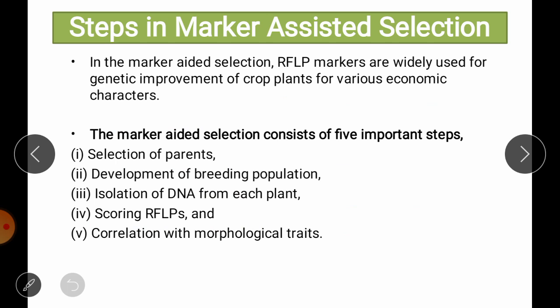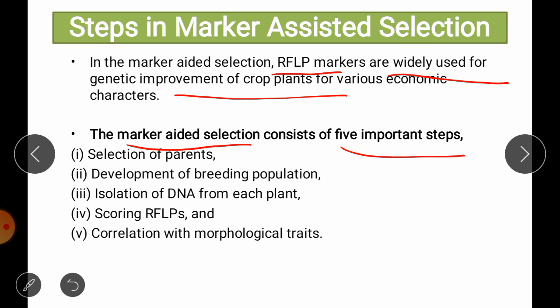So the next point is the steps in marker assisted selection, or the procedure of marker assisted selection. In marker assisted selection, generally RFLP, that is restriction fragment length polymorphism markers, are widely used for making genetic improvement in crop plants for various economic characters. Marker assisted selection is also called marker aided selection. Five important steps are there.